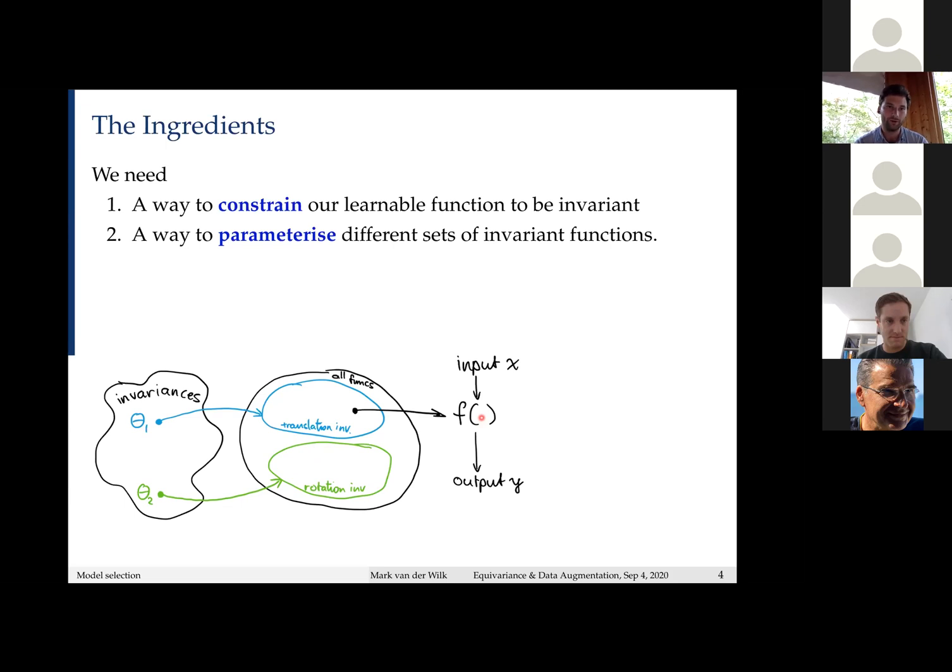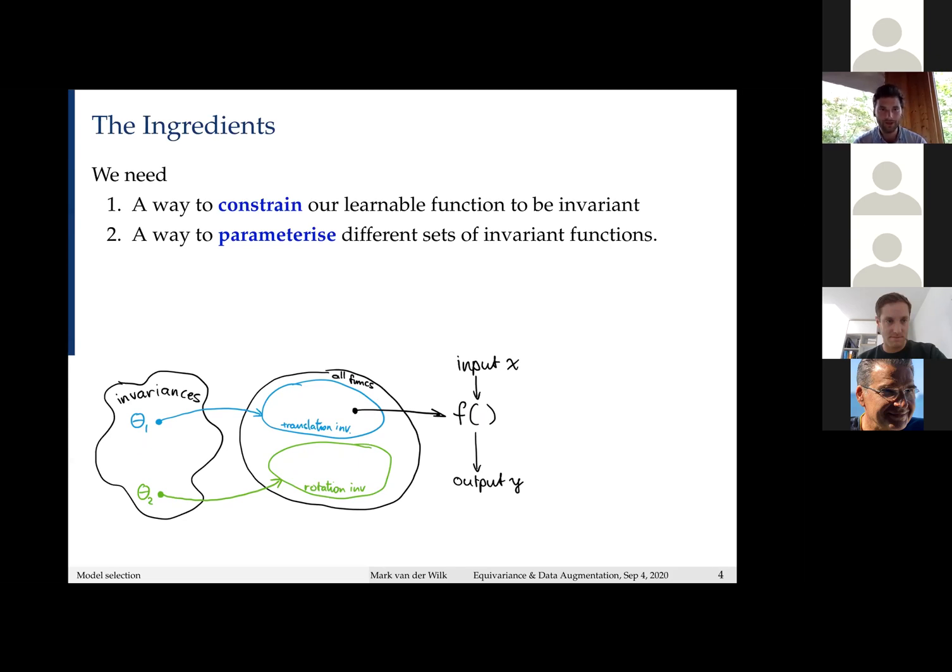The goal of our learning problem is not just to choose one function within the class, but also to choose which parameter of a set of invariant functions is best suited to the problem that we're interested in.